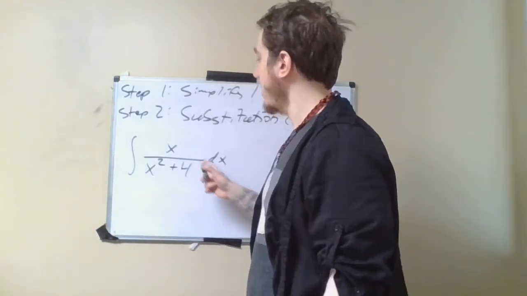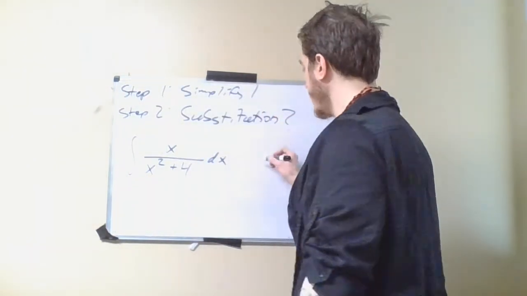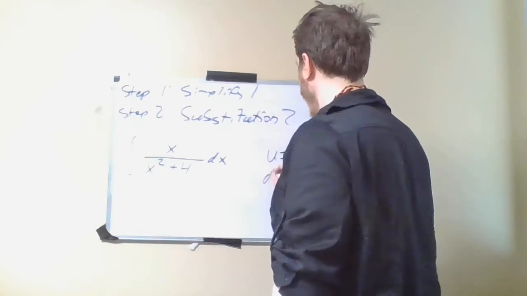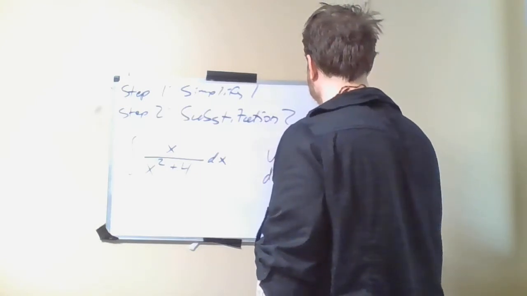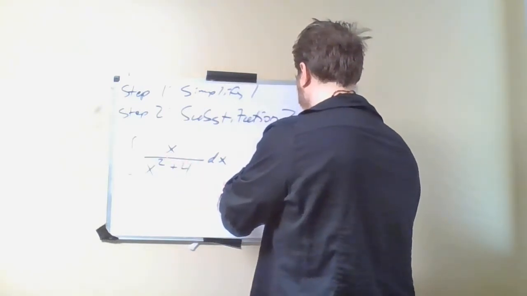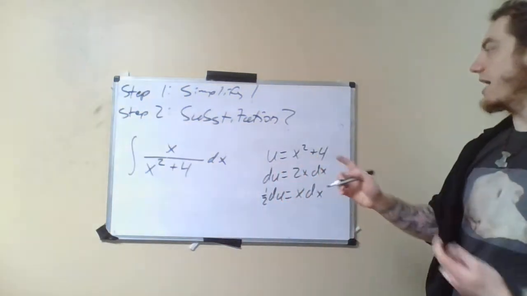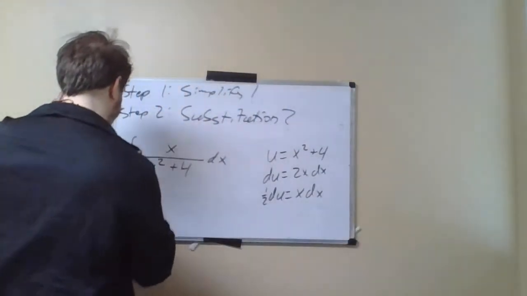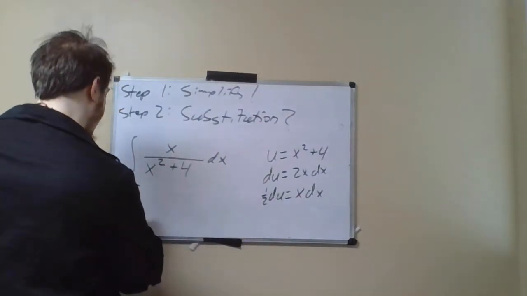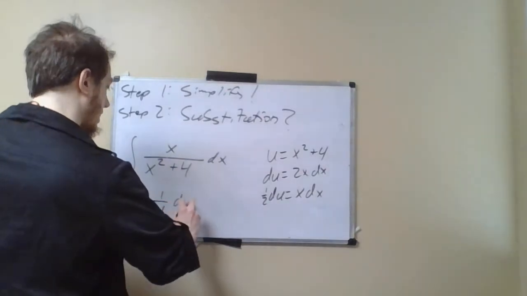But in this case, because I have that x in the numerator, I can think, oh wait, this looks like if I take u to be equal to x squared plus 4, then du would be 2x dx, and I have an x dx here. So 1/2 du is equal to x dx, and I can rewrite this as the integral of, I'm going to pick up a factor of 1/2 here, and then I'm going to have 1 over u du.